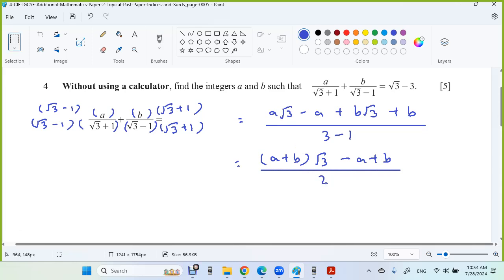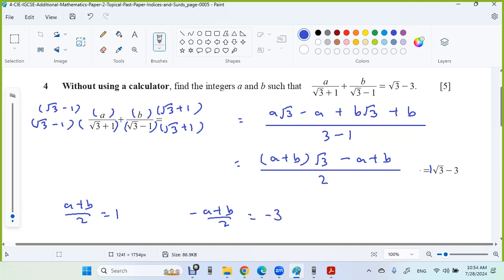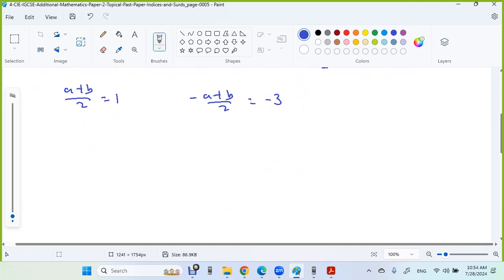and this is equal to this, so we compare the coefficient. So the a plus b over 2 is 1, and the negative a plus b over 2 is the negative 3. So we have a plus b equal to 2, negative a plus b is negative 6.